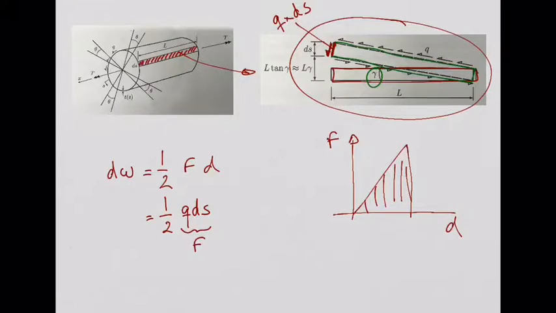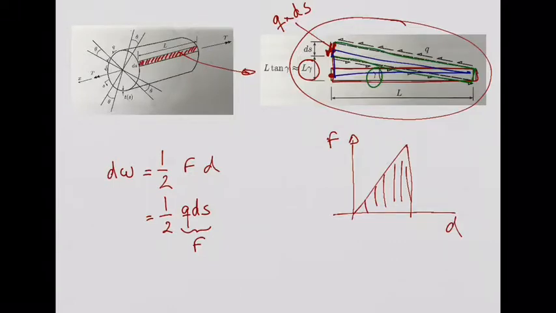Now this point in this element moved from this position to this position, right? So basically it moved by this L gamma. How can you calculate this L gamma? Well, you have this right triangle, I'm going to draw it here in blue.